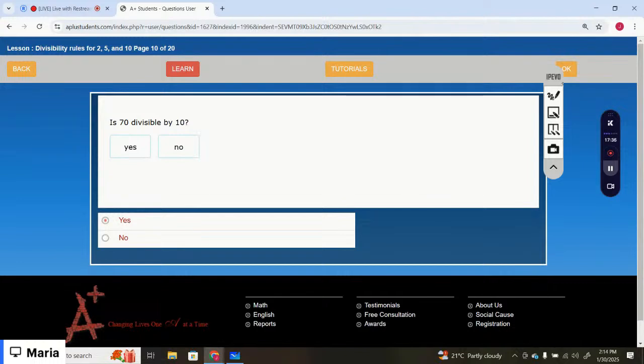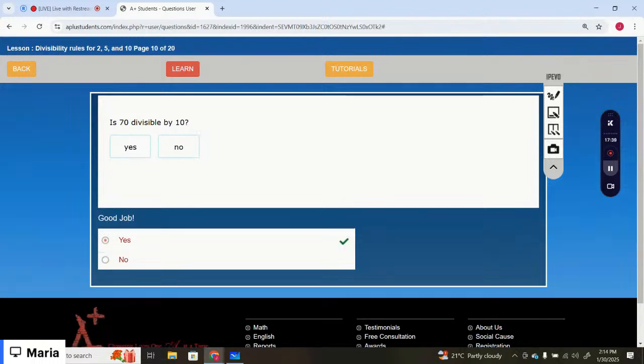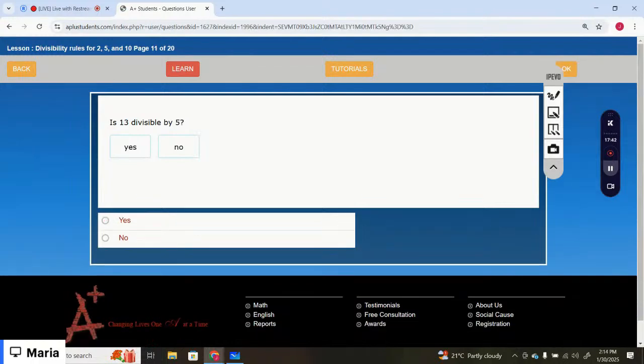Yes, it is. 70 is divisible by 10. Is 13 divisible by 5? The correct option is no. 13 is not divisible by 5.